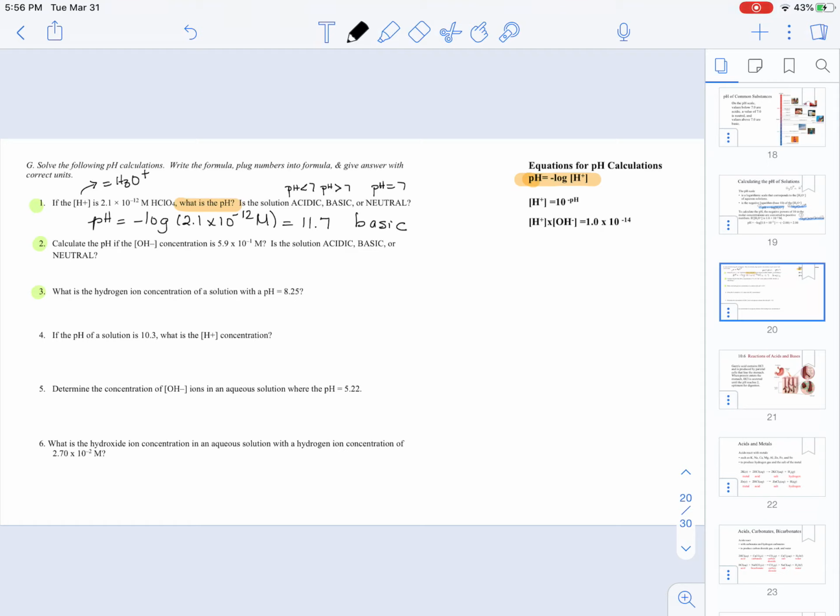Number 2, calculate the pH if the OH concentration is 5.9 times 10 to the negative 1. Is this solution acidic, basic, or neutral? Understand that here we're still calculating pH, but the problem doesn't give us H+, it gives us OH-.